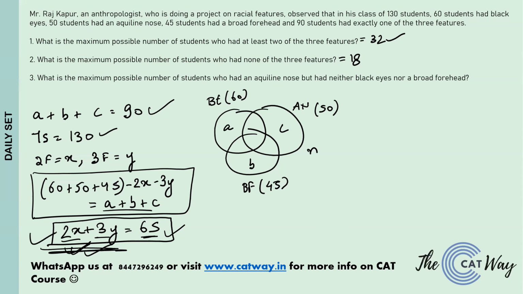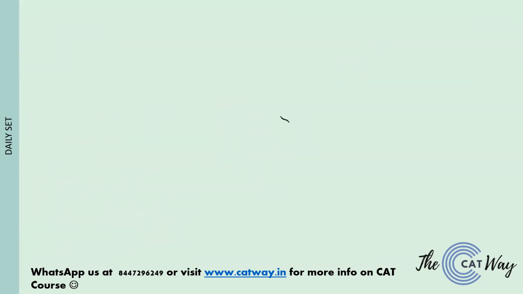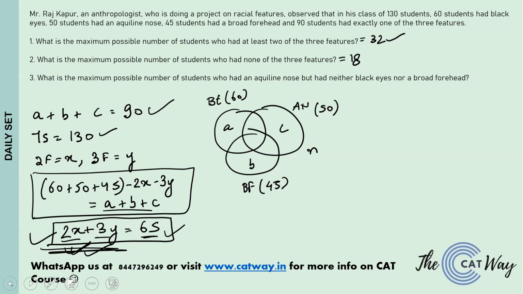That means y is definitely equal to 1 or maybe more than 1. It can be more than 1, but the minimum value is 1. Now we have to maximize the value of C.